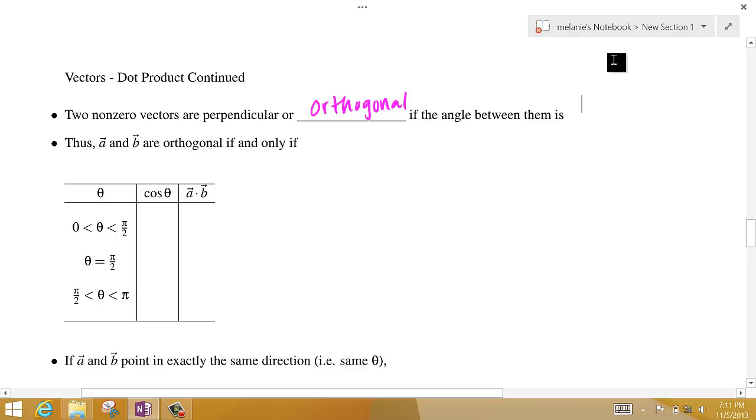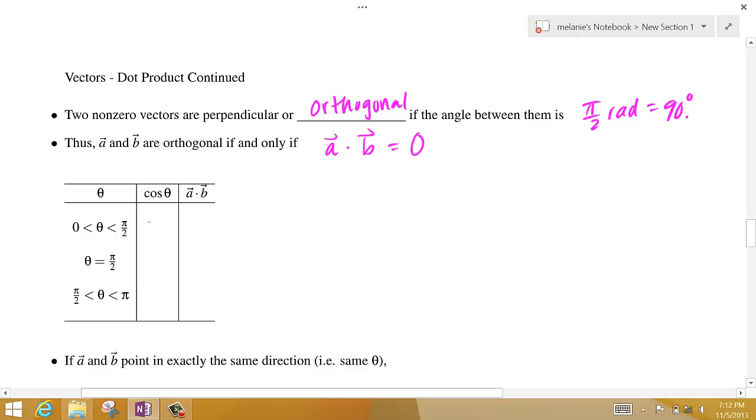Two non-zero vectors are perpendicular or orthogonal if the angle between them is pi over 2 radians, or 90 degrees. Thus A and B are orthogonal if and only if A dot B is 0. So let's look at this little chart.